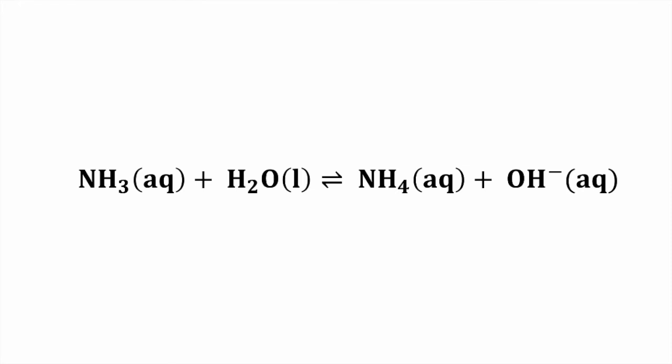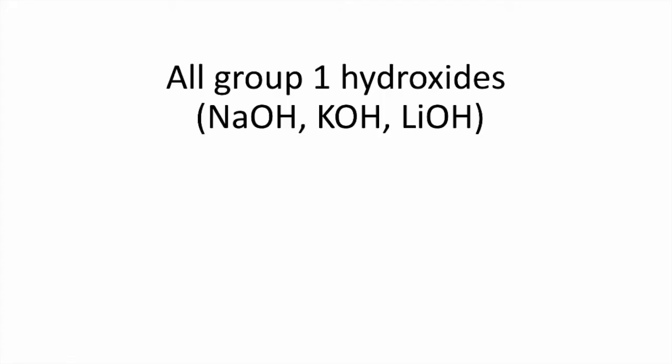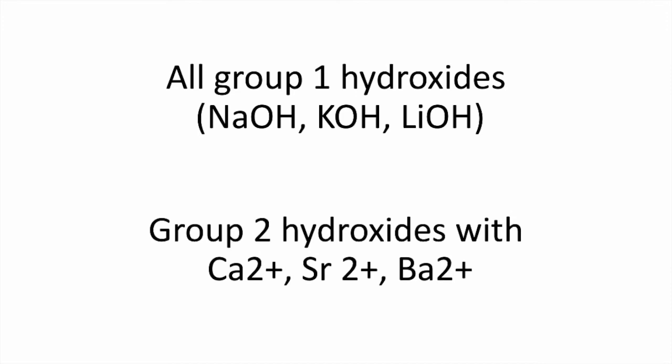In this reaction, there's a significant concentration of the ammonia molecules as well as the dissociated ions. Common strong bases are all of the group 1 hydroxides like sodium hydroxide and potassium hydroxide and lithium hydroxide. Also the group 2 hydroxides with calcium and strontium and barium. And there are some others.